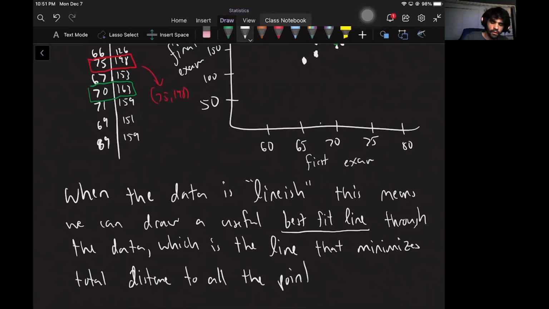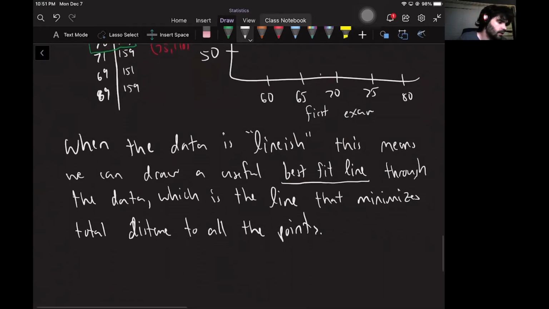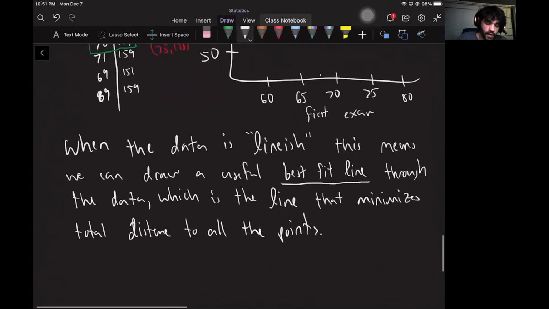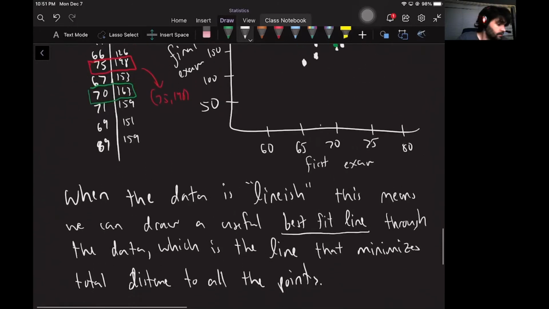To really know how to make this line, you have to learn calculus and stuff. But for us, we're just going to eyeball it. So it's the line that minimizes the total distance to all the points.